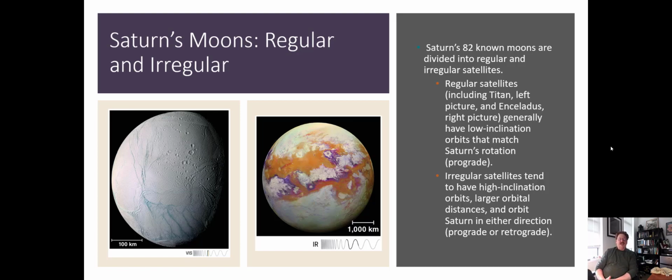The irregular satellites, we believe, are very much like Mars's moons: captured asteroids, possibly from the belt, or just captured debris from the remaining material of the protoplanetary disk.